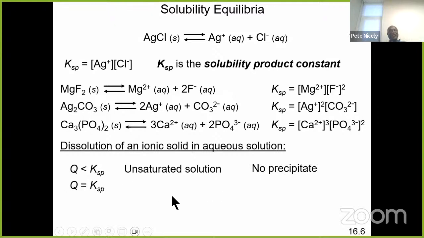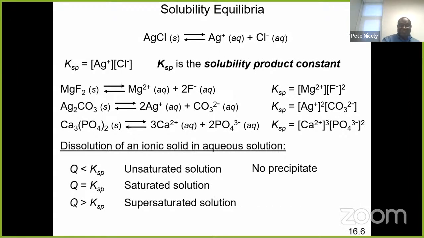Now, if Q is equal to KSP, then the solution will be saturated. That means that, again, no precipitate will form, but that's the maximum concentration of the solute in the solution. And then we get to where Q is greater than KSP. In this case, the solution will be supersaturated, which means that it's going to be very unstable.